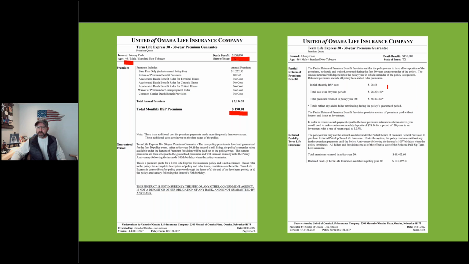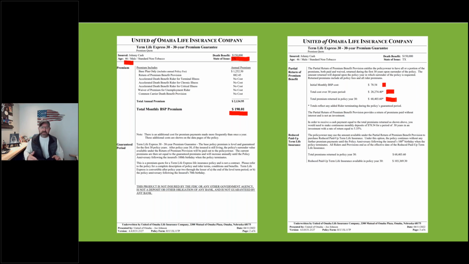So this shows you the initial monthly, the base costs. In other words, in order to get the ROP, the client is putting aside an extra $78 a month. Or this is a way to look at it. Over a 30-year period, they're funding their policy an extra $28,000, but in order to get back $68,000.